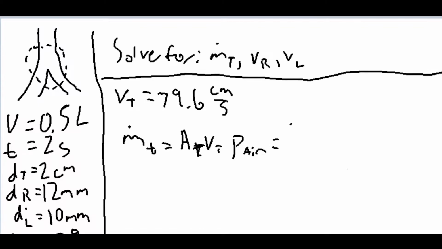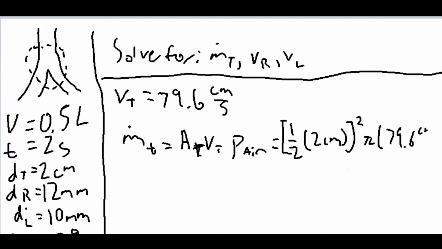And we know that the area is going to be 1/2 times 2 centimeters squared times pi. And the velocity is 79.6 centimeters per second.